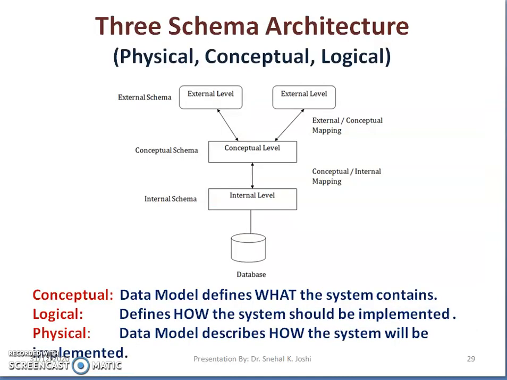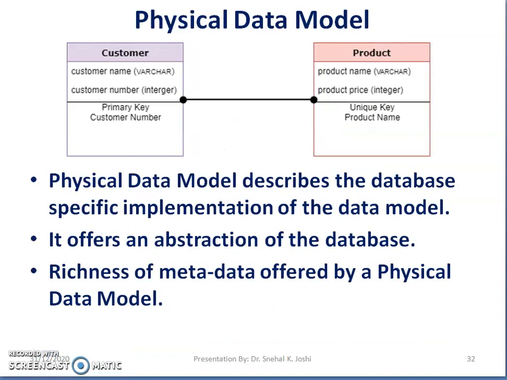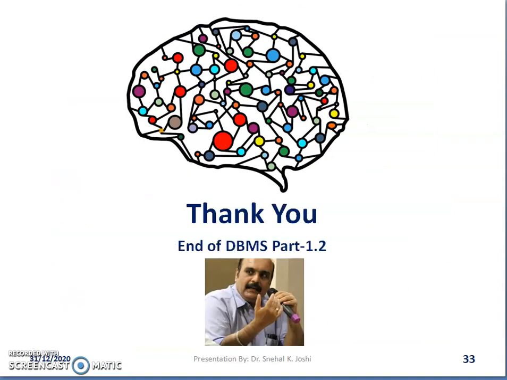And we will also talk about various data models in our next lecture. So see you soon in our third session, and in that we will talk about database architecture and some other topics.